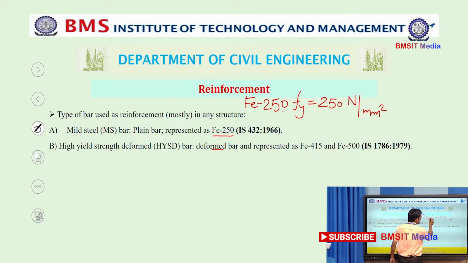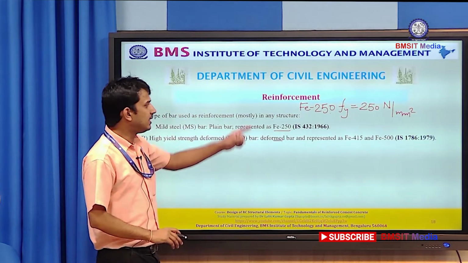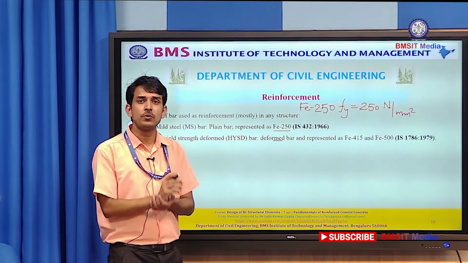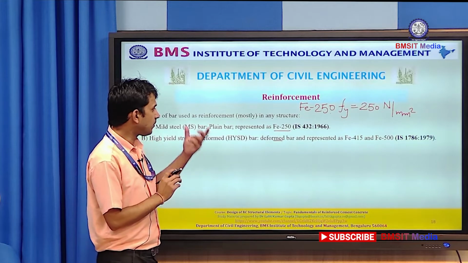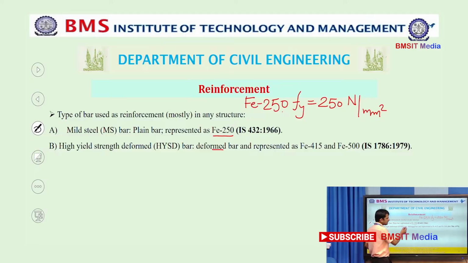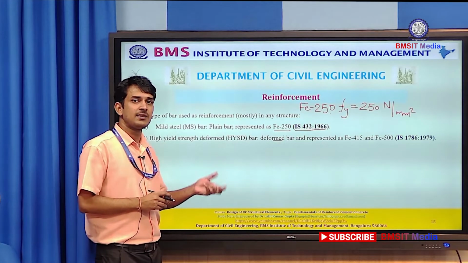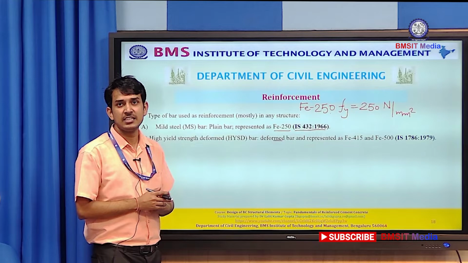All the specifications regarding mild steel are given in IS 432 of 1966.